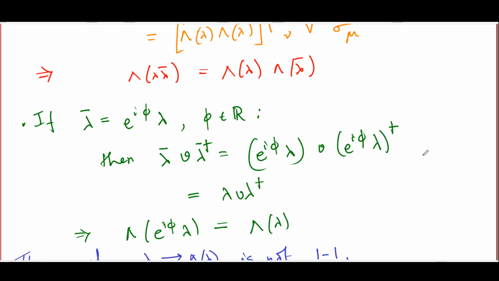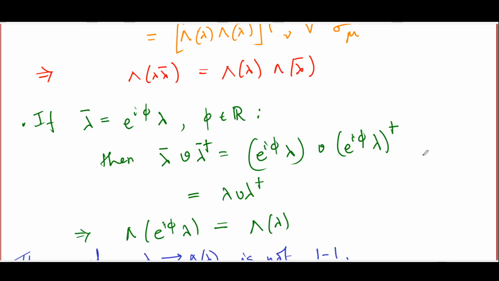And given the fact that the adjoint of e to the i phi lambda is e to the minus i phi times lambda dagger, and e to the minus i phi being a number can simply travel through all the matrices and cancel the e to the plus i phi, we see that lambda bar v lambda bar dagger is exactly the same as lambda v lambda dagger.